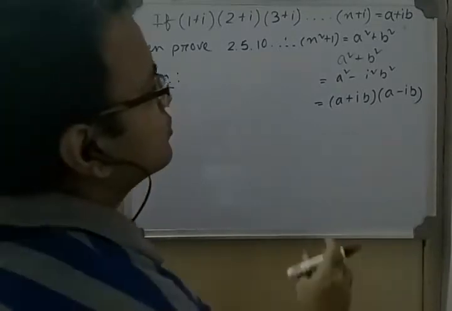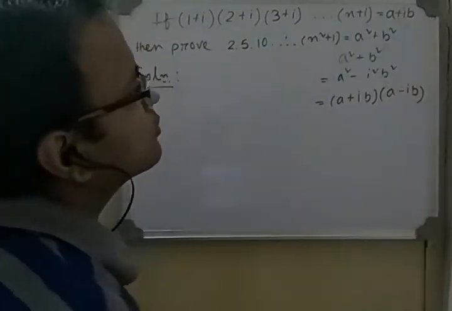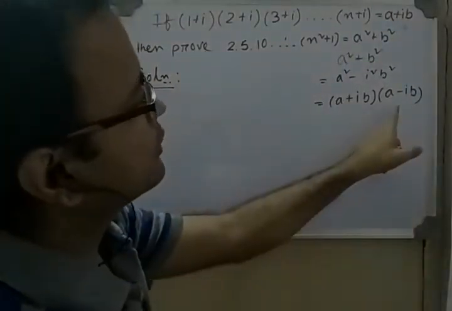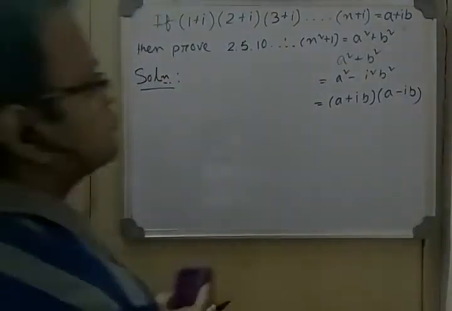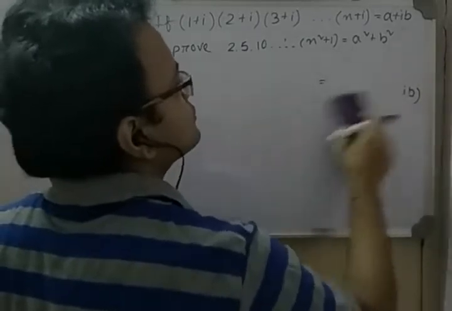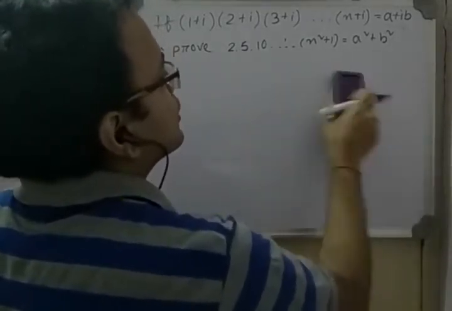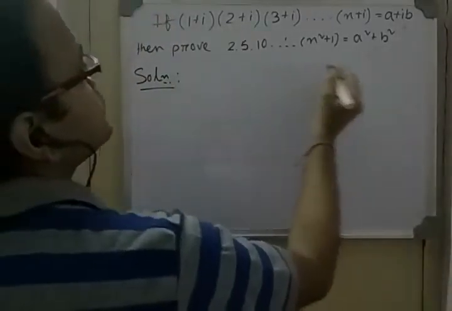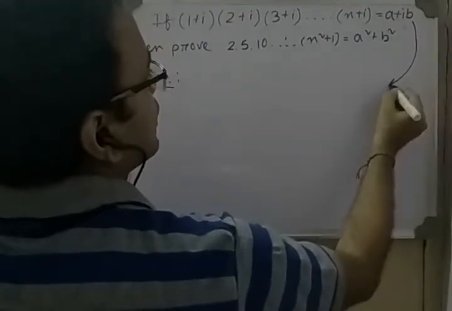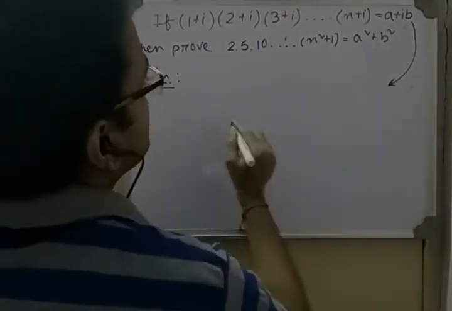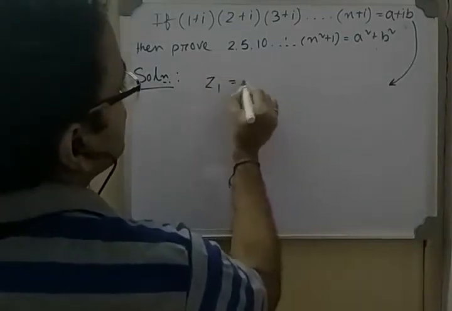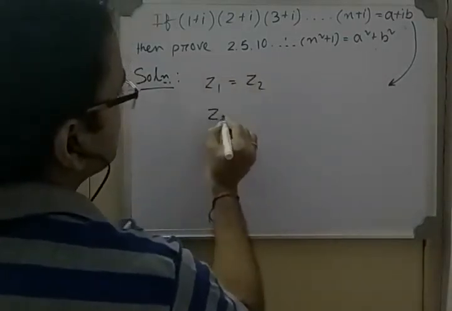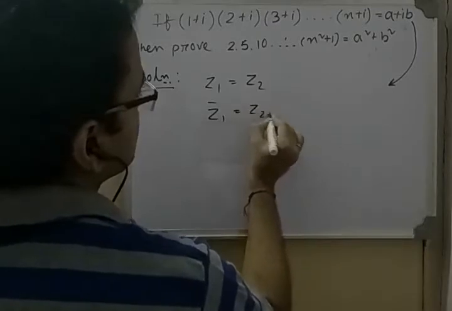So what we can do, we have the value of a plus ib. We will try to find out a minus ib first. As this is an identity, suppose we know z1 equal to z2, then z1 bar equal to z2 bar.